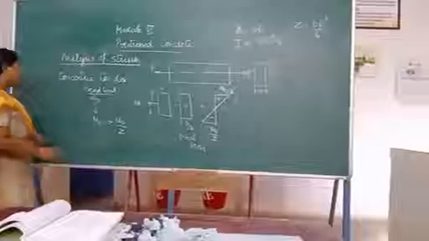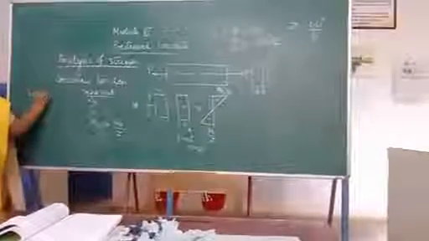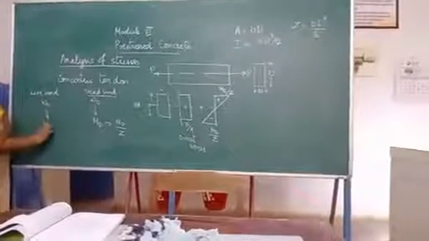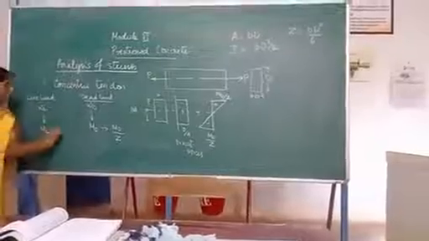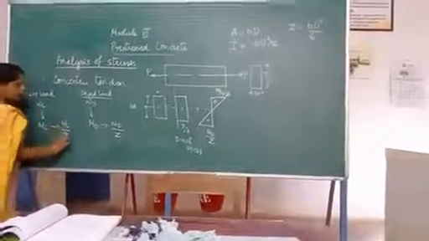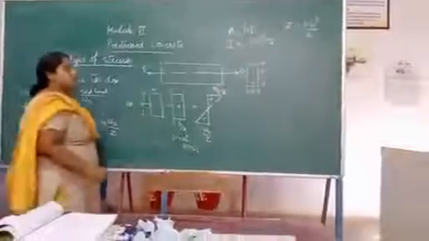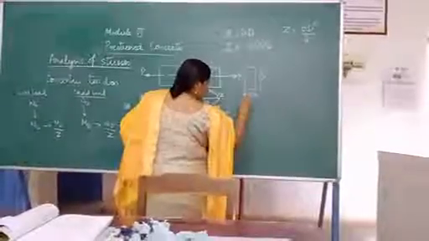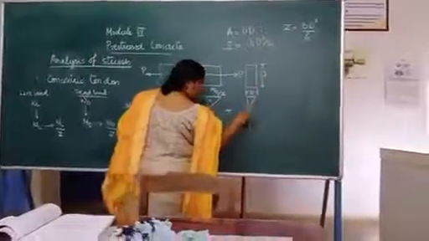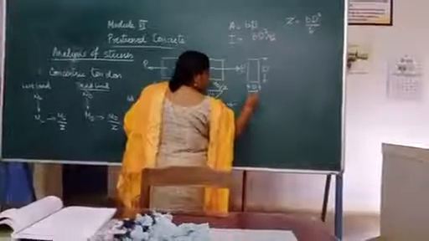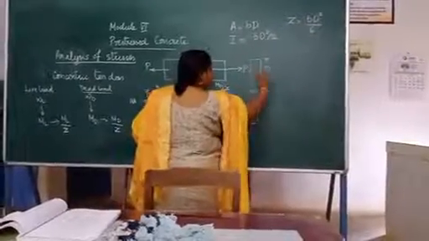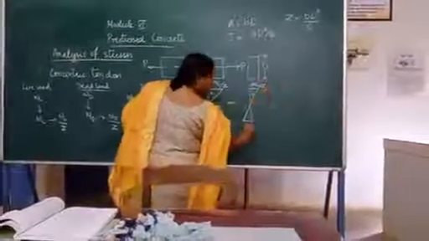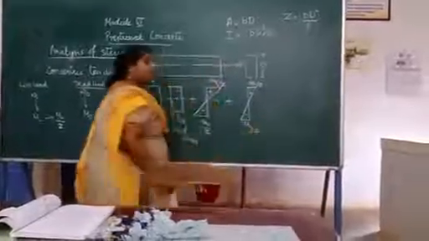If the live load is WL, you can find the moment due to the live load and the equivalent stress due to the live load, which is ML divided by Z. This will be positive, this will be negative, ML by Z. Here also it is ML by Z.